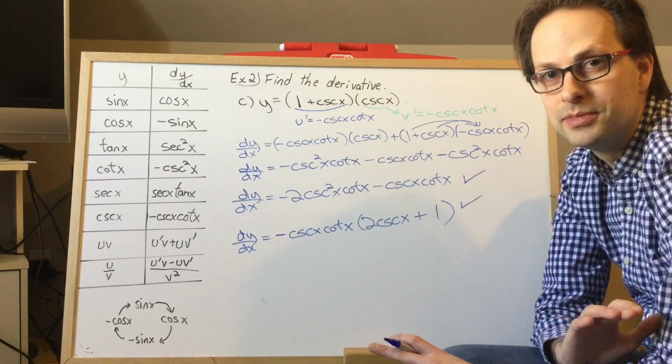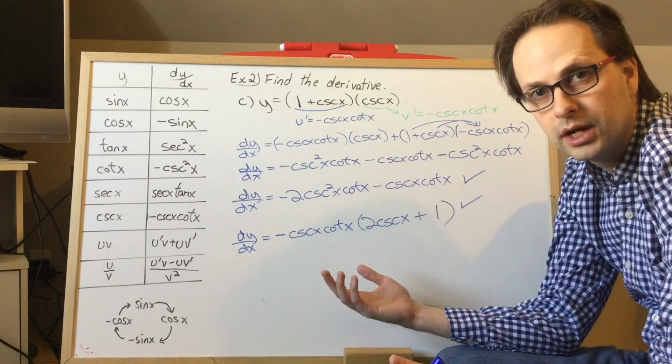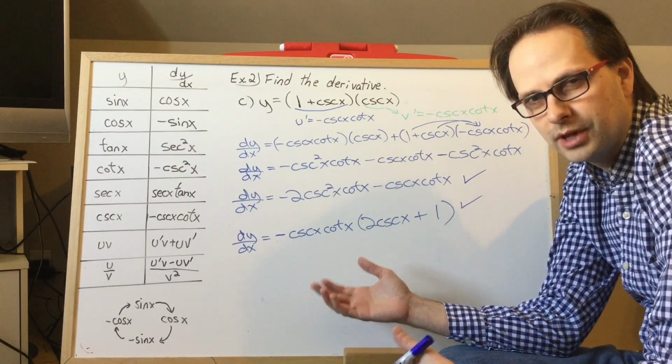Now from here, there are other things that we could do. We could go to sine and cosine, and maybe it'll look pretty from there. I'll do a bunch of that, and maybe we'll talk about the process at the end of it.